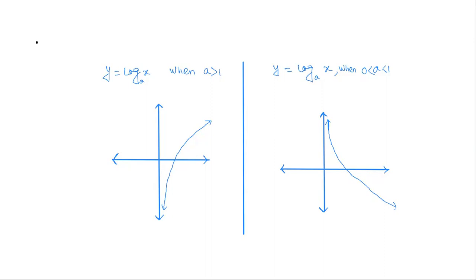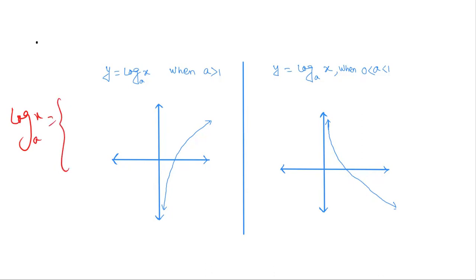Now let me go to the logarithmic function. Let me show you how to calculate this function. Now first is a is greater than 1. Let me take log x base a. Now I will calculate x.